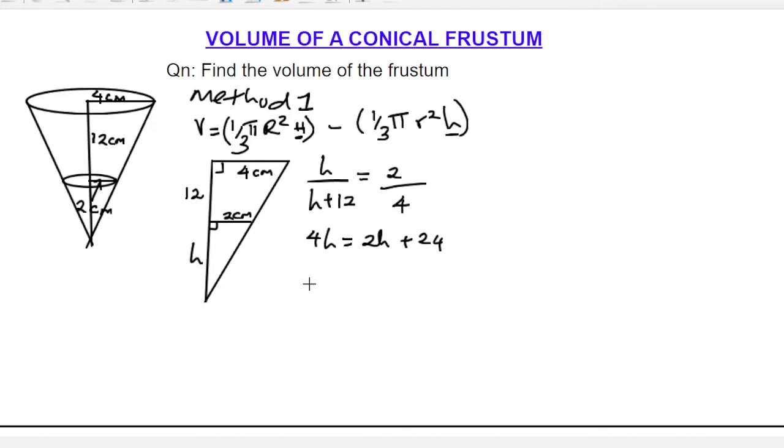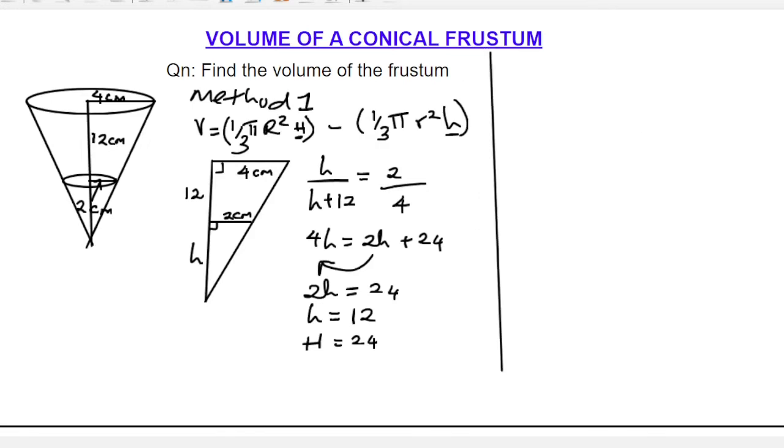Now from here I can collect like terms. 2h coming this side will give me 4h minus 2h, which will be 2h being equal to 24. Dividing through, you have h as 12. If h, the smaller one, is 12, the bigger one is now 12 plus 12, which will be 24. And just like that, similarities has helped us to get the two values of h that we need to use the formula.